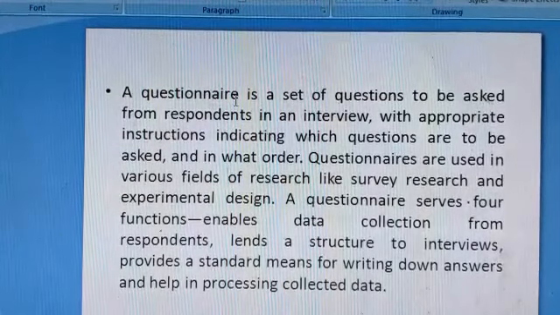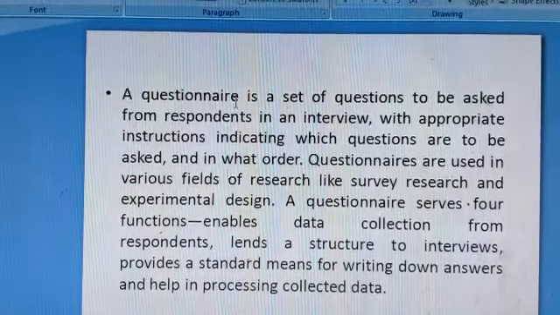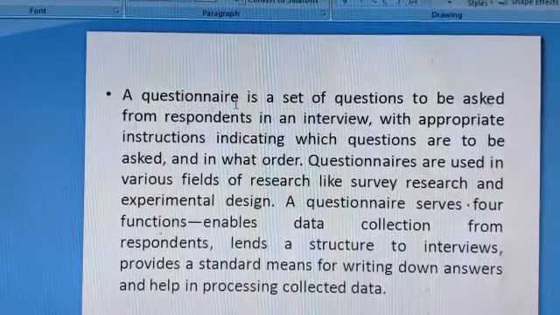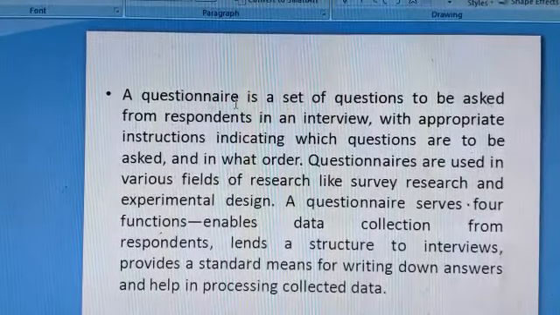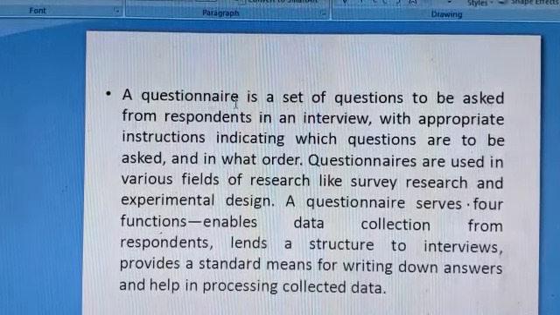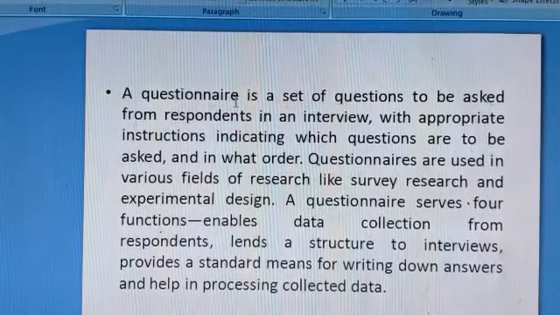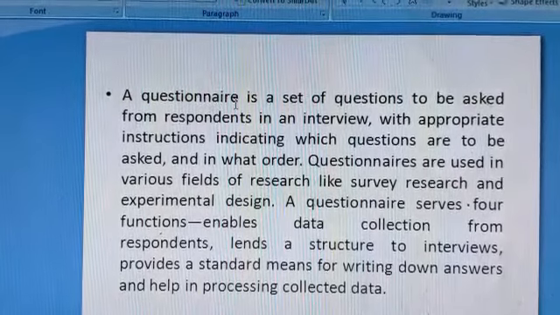Normally we use these questionnaires in different fields of research like survey research and experimental design. Basically it serves four functions: it enables data collection from the respondents, lends a structure to the interview, provides a standard means for writing down answers, and helps in processing the collected data.